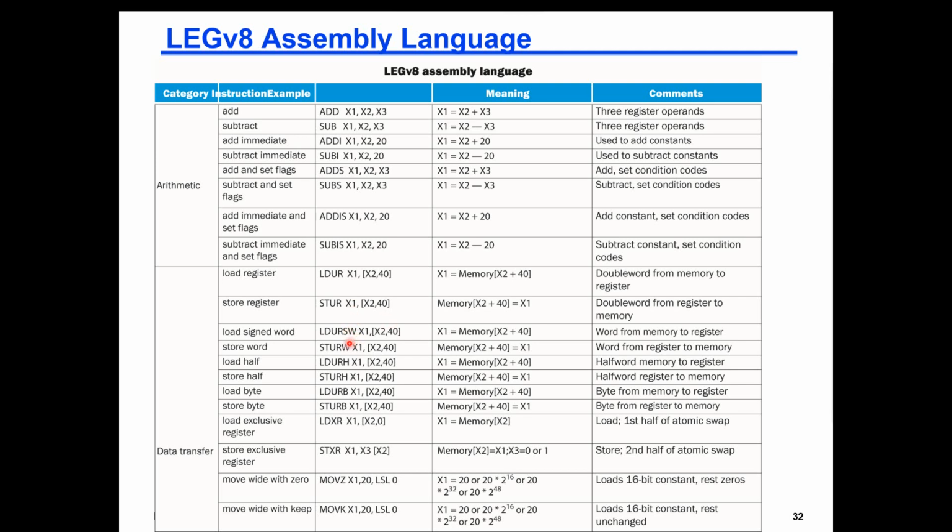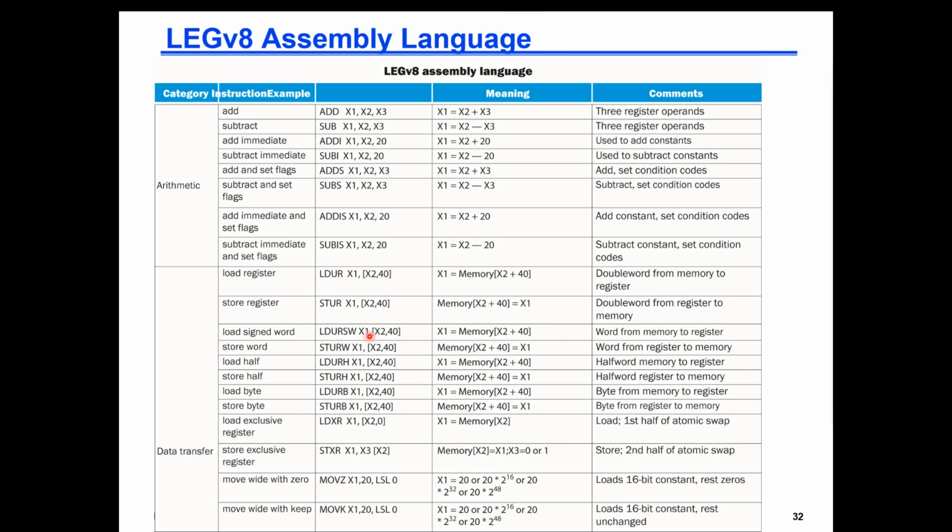So here we have load signed word. Again, same type of addressing mode, combining a register and an immediate value. But here we are loading a signed word. And again, a signed word means something for the processor.